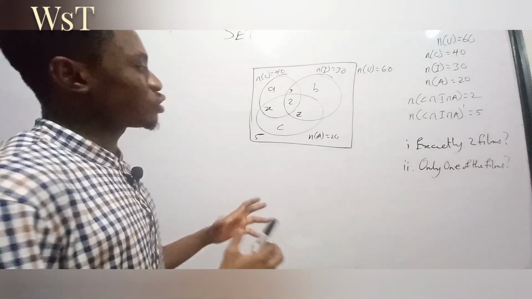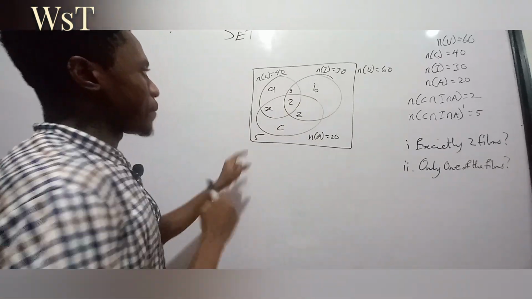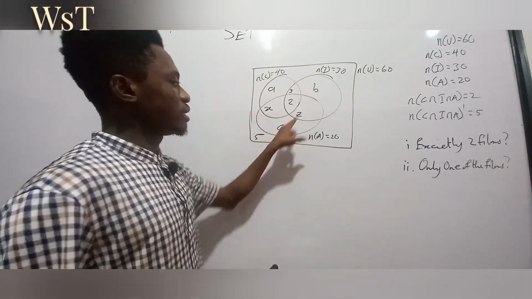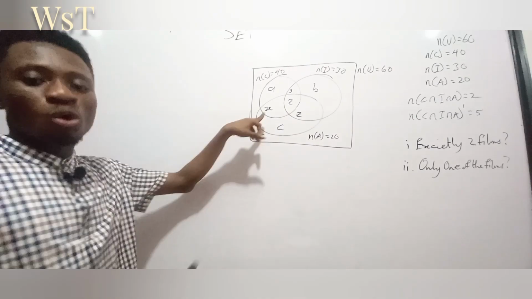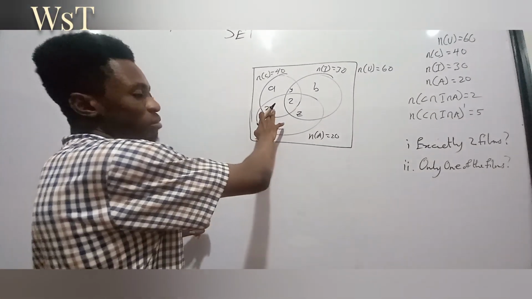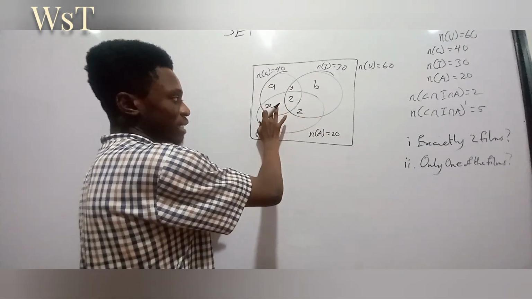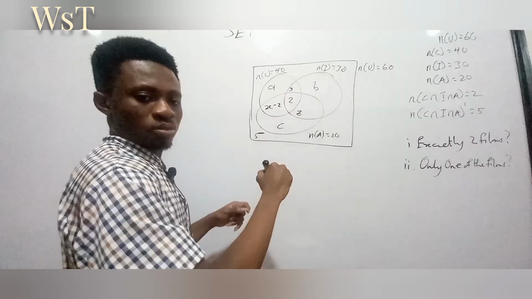So first of all, you have to denote the only one movie by A, B, C. And with only 2, you denote it by X. You subtract 2. Do you get it?